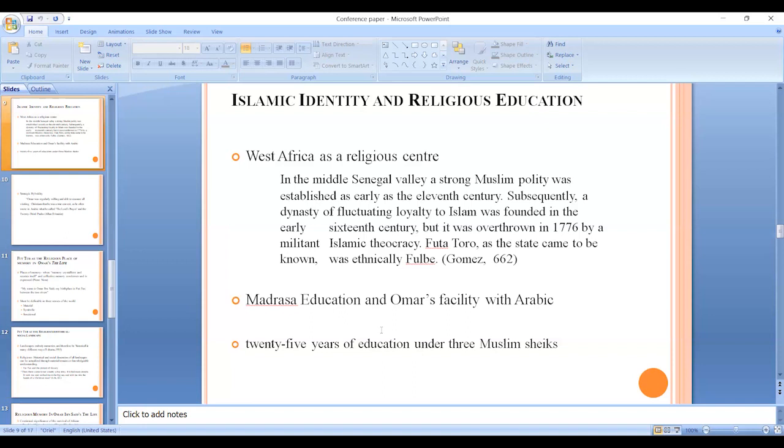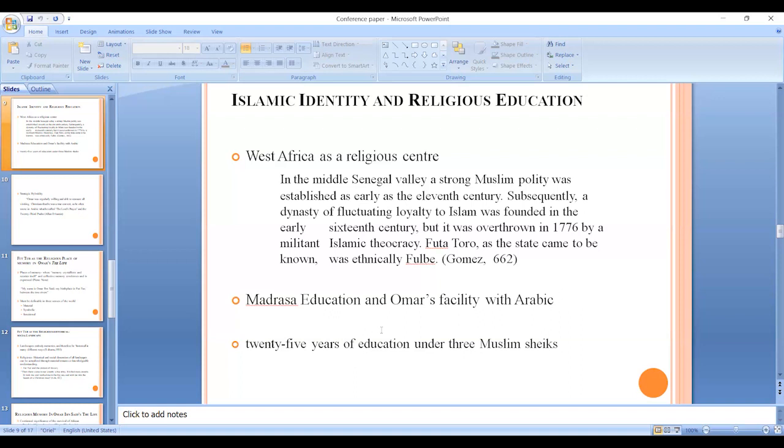Talking about the area he came from, West Africa was once upon a time a religious center. And we see Michael Gomez in his book affirming that in the middle of the Senegal Valley, the region was a Muslim polity, established almost in the 11th century.